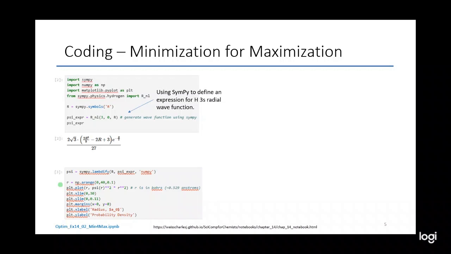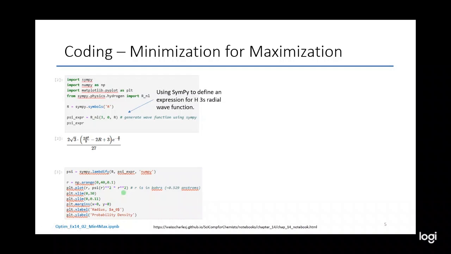In this maximization example, our goal is to find the radius at which the probability of finding the electron is highest. The normalized probability is given by the expression psi squared times r squared, where r is the distance from the nucleus.